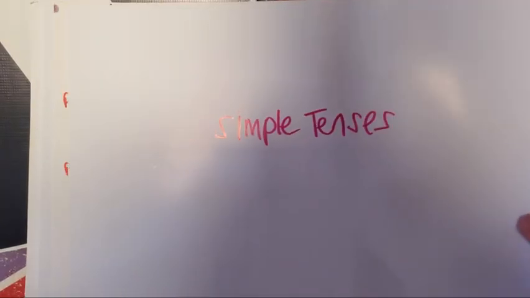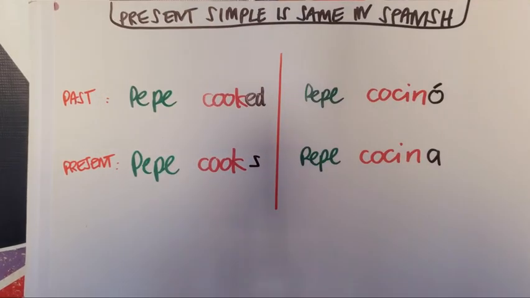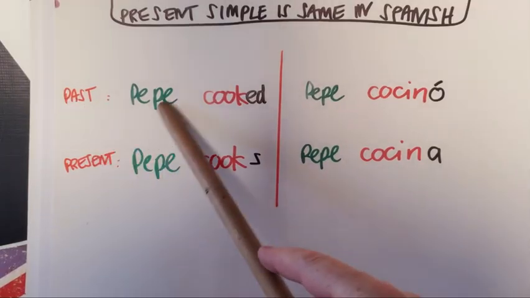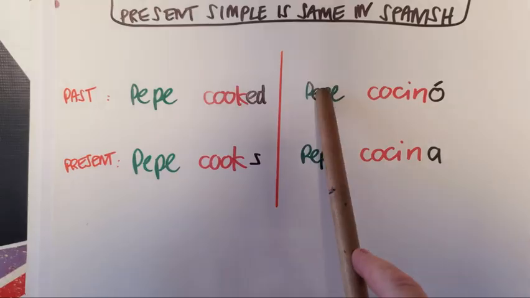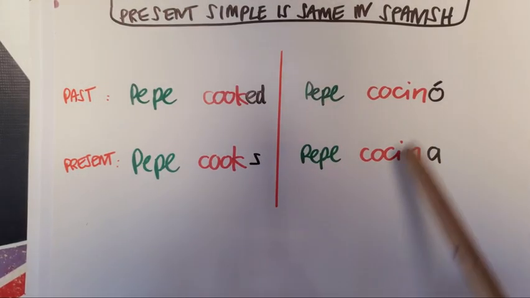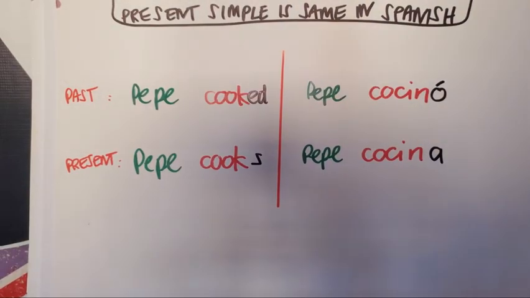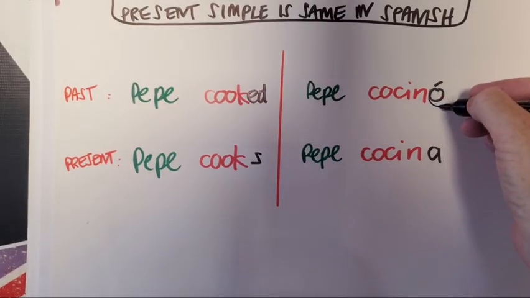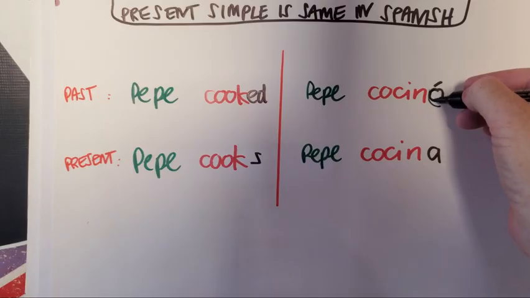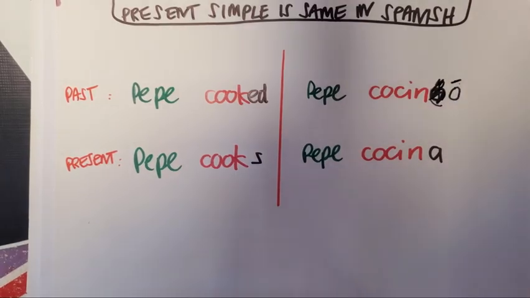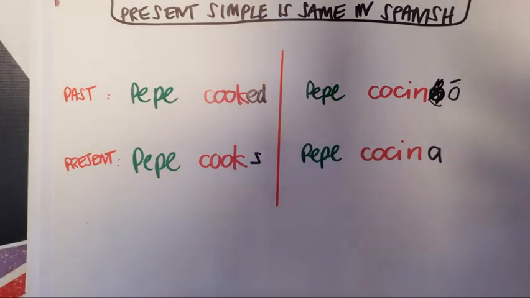Simple tenses are, as I've said, one word. So the simple past is Pepe cooked. Say Pepe cocinó. Remember that, that is not correct. Who wrote that? Must have been me. It's Pepe cociné. Oh, it is right. It is correct. All right. You see that little accent there, it's not I cooked. Cocino is I cooked.